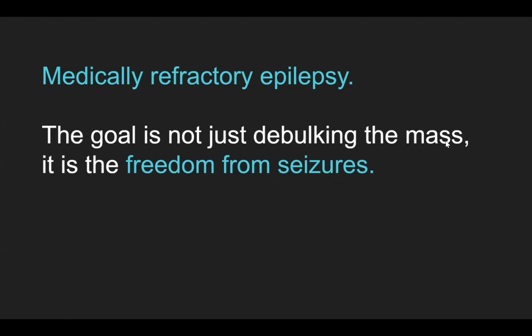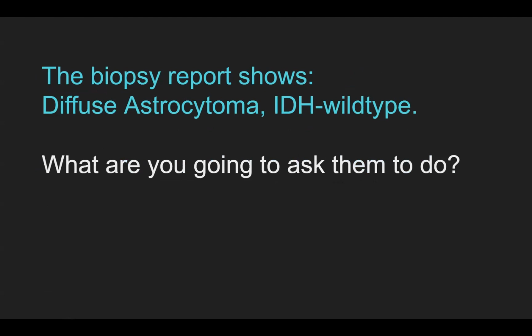We also wanted to give the patient a chance at freedom from seizures. And the biopsy came back telling us that this is a diffuse astrocytoma, but IDH wild type. How common is IDH wild type astrocytoma in children?